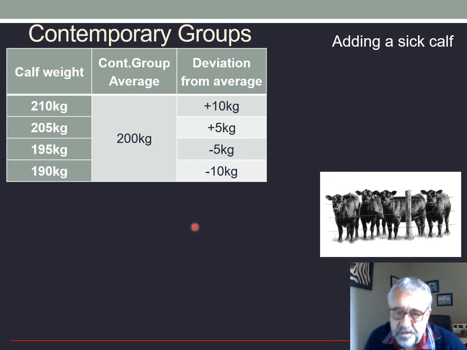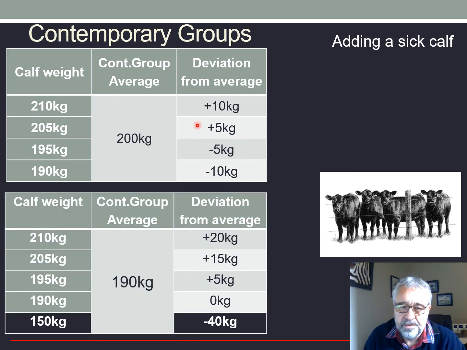Okay, so this also has an influence on how you deal with the contemporary group. For example, if you have your first example of the 4 calves with an average of 200 kilograms, and you have these deviations from the average, and for some reason you add a sick calf to the equation. So you have a sick calf, he only weighs 150 kilograms.